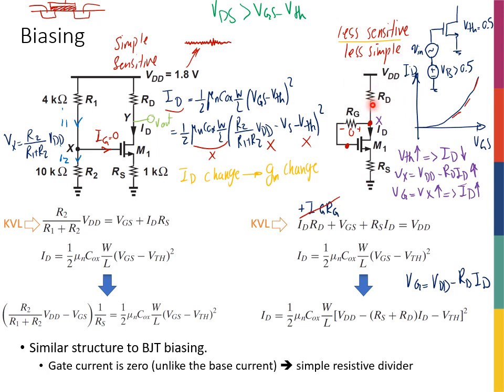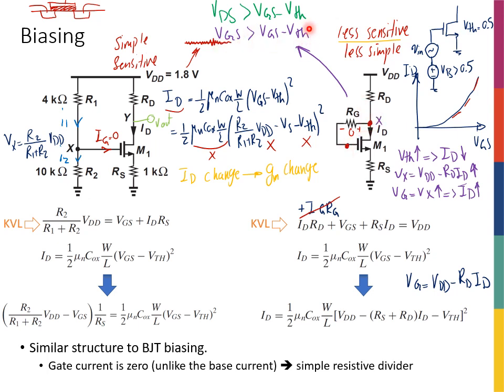However, in here, why is it always in saturation? Because my VD and VG are the same thing. So I can write VDS as VGS, which should be greater than VGS minus VTH. Okay, so for this circuit, and only for this circuit, I can do that, simply because gate and drain have the same voltage.